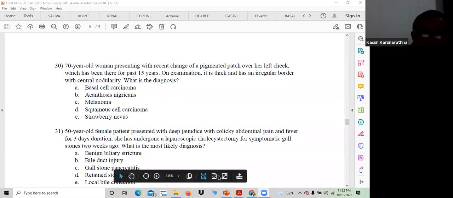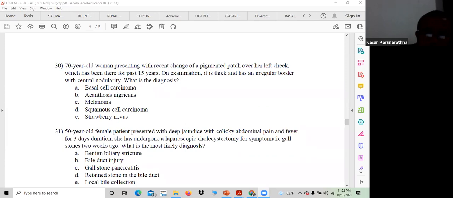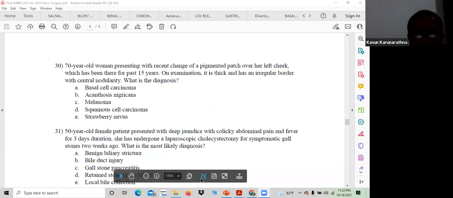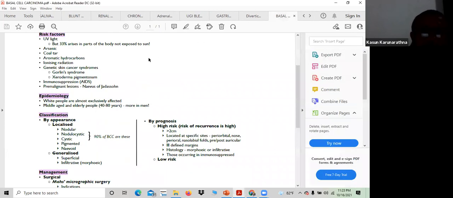Here, what is the answer for question number 30? Why do you say melanoma? Why is it not basal cell carcinoma? Considering the anatomical region, it's more towards basal cell carcinoma, right?